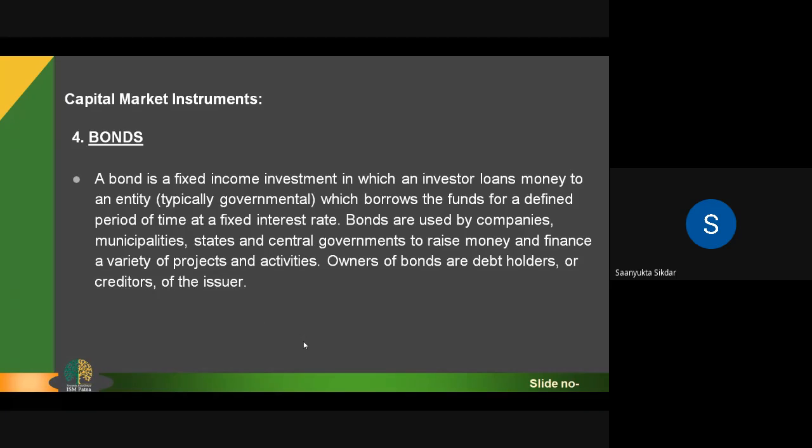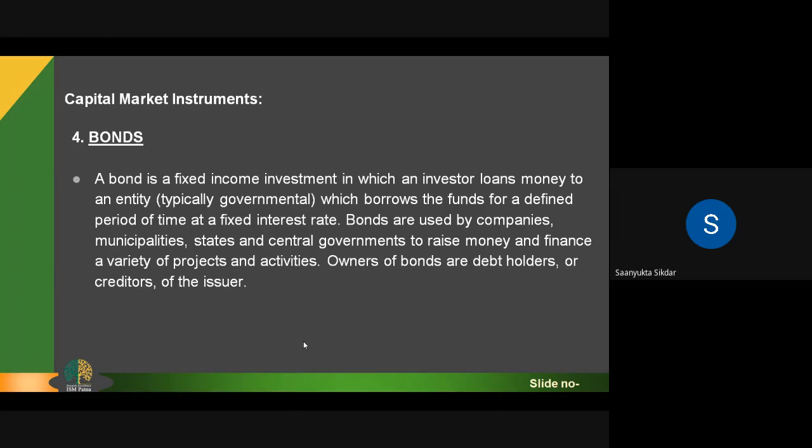A bond is a fixed income investment in which an investor loans money to an entity, typically governmental, which borrows the funds for a defined period of time at a fixed interest rate. Bonds are used by companies, municipalities, states, and central governments to raise money, and they finance a variety of projects and activities.